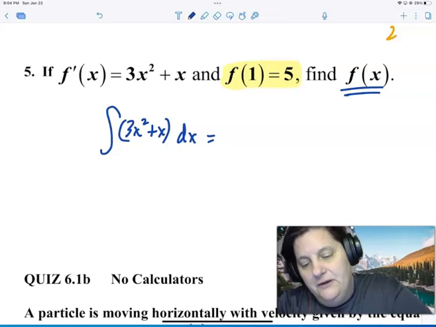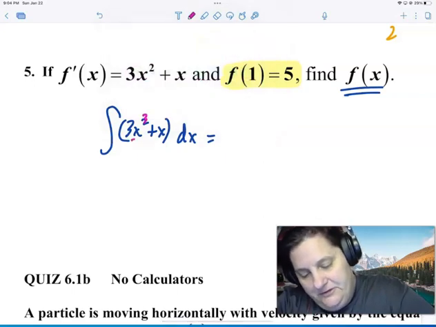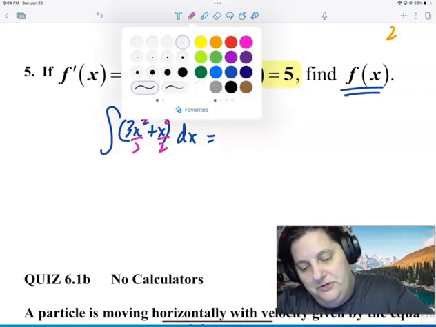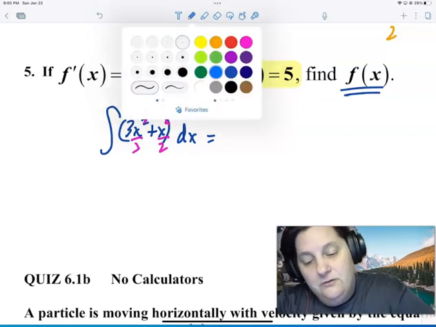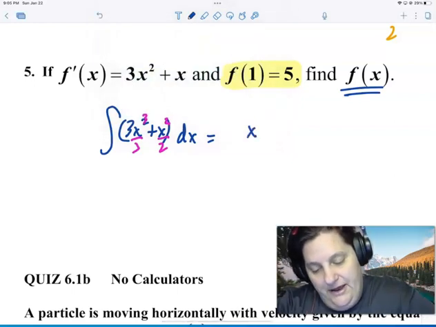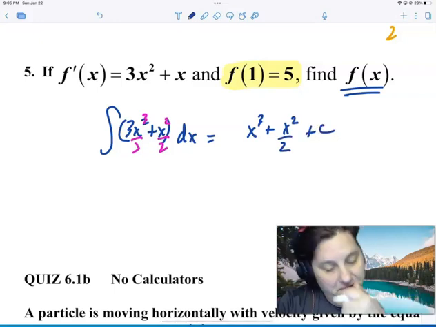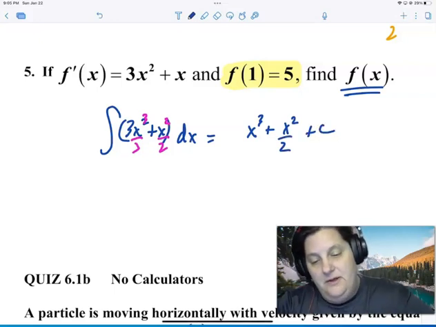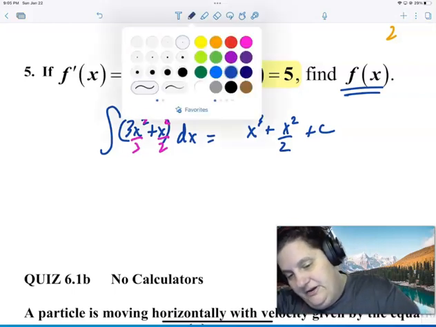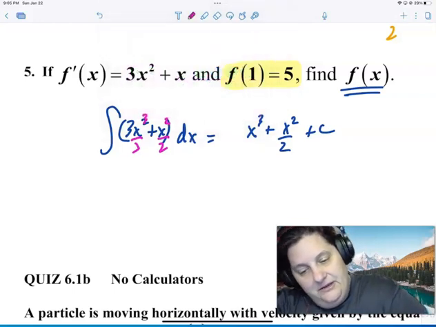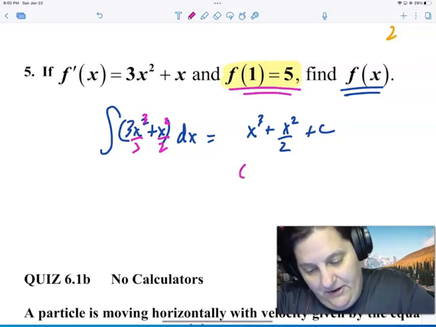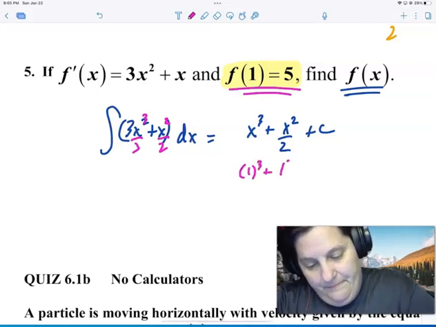Okay, this gives me, if you look here, x to the 3rd over 3, x squared over 2. The 3's cancel out. So this is x to the 3rd plus x squared over 2 plus c. Now, this initial condition tells me that I can plug in 1, and it should equal 5.